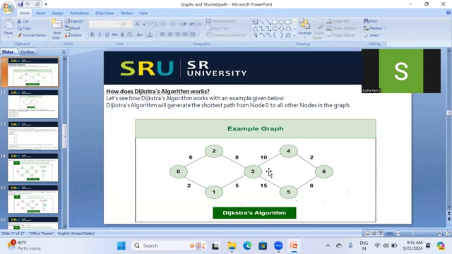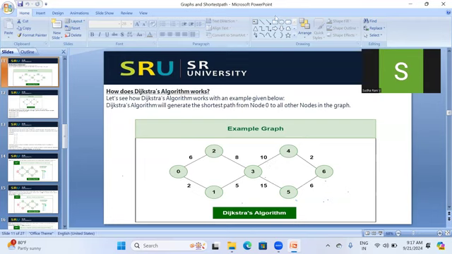We can traverse from anywhere to anywhere, but according to the algorithm, we choose one vertex or node as the source node. So here I am choosing 0 as the source node, and let us check how we traverse different paths to reach the destination, 6.